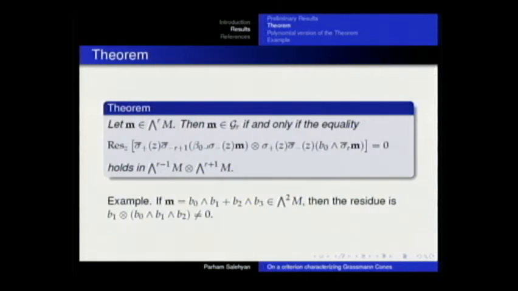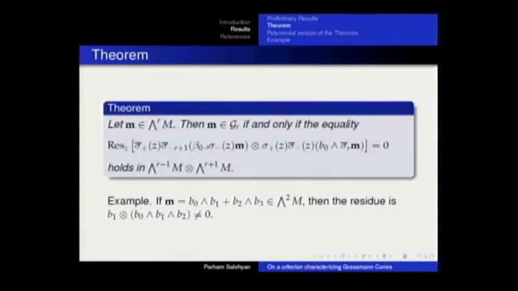And finally, we can obtain the result. That is, an element of the finite exterior power is an element of the Grassmann cone if and only if this residue is 0 as an element of this tensor product. For an example, it is simple to verify that this element of wedge 2, where M has at least dimension 4, is not decomposable.